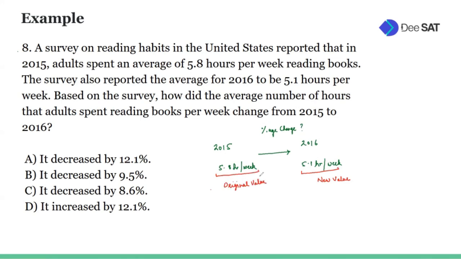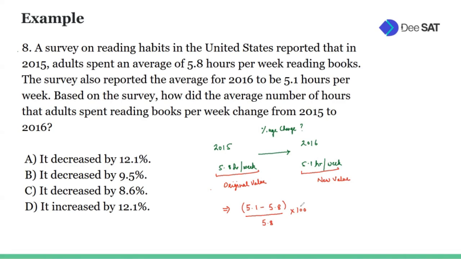So even with the help of Desmos, you can calculate things, but you must know the basics. So how are we going to use that? The formula is the new value minus the original value divided by the original value times 100. So 5.1 minus 5.8, whole divided by 5.8, times 100, that we need to find.